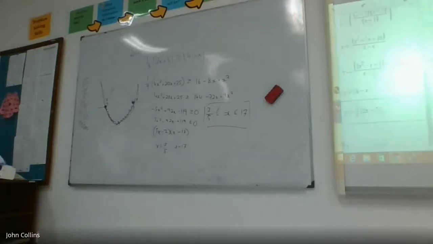Yeah, I think it crosses twice. So my prediction, this crossing point is going to be at 7.5. Oh, sorry, I've done minus. Yeah, 7.5.